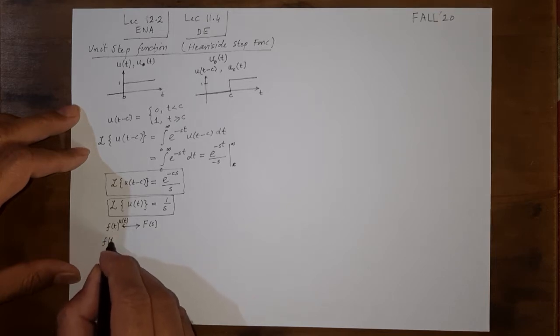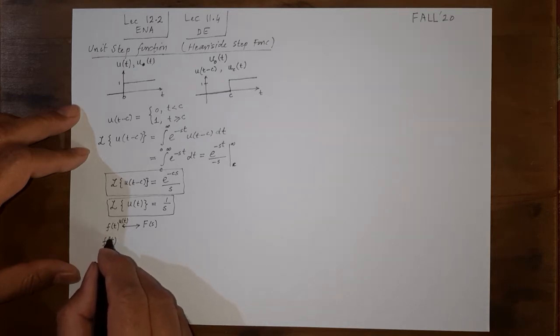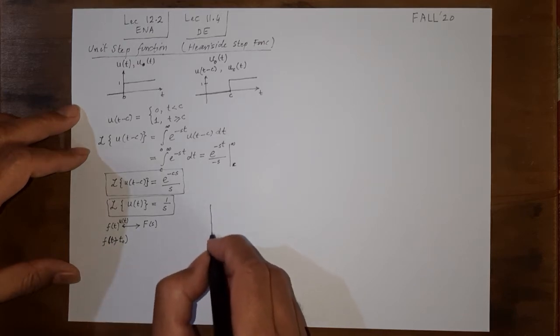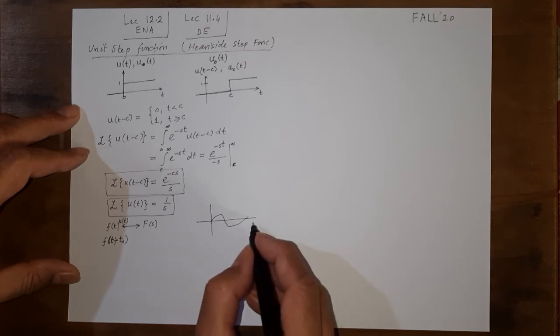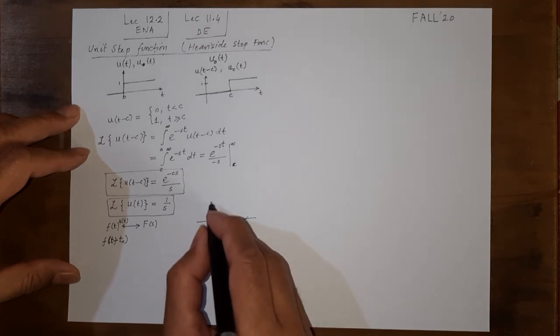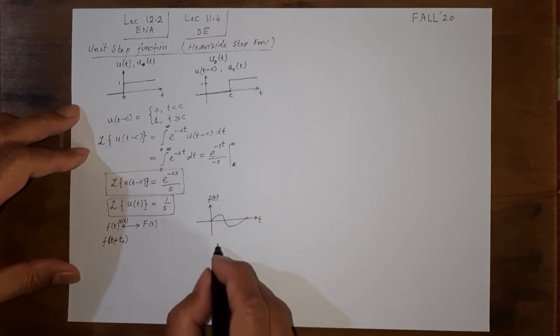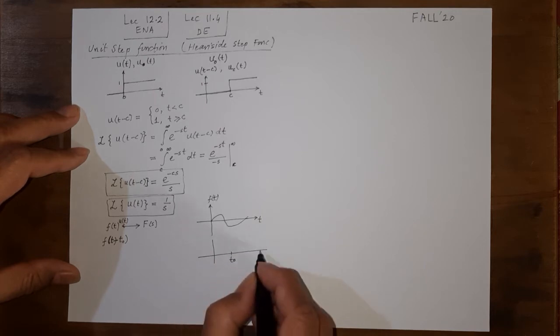Now if this function is shifted in time, it becomes f(t minus t naught), not f(t). Suppose this is f(t), some function, and we just shift it to some value t naught.